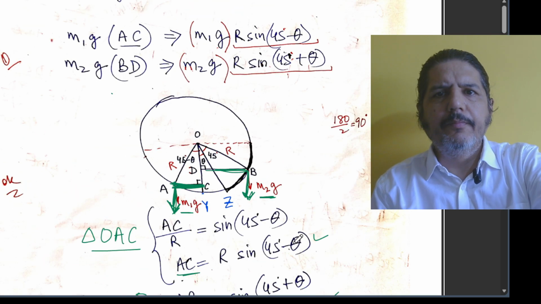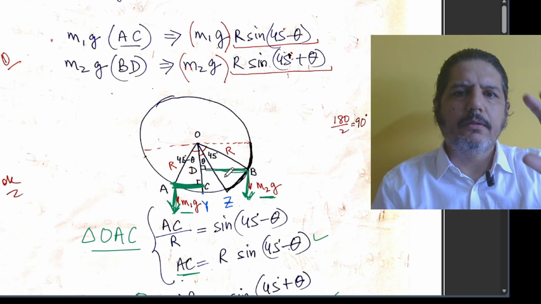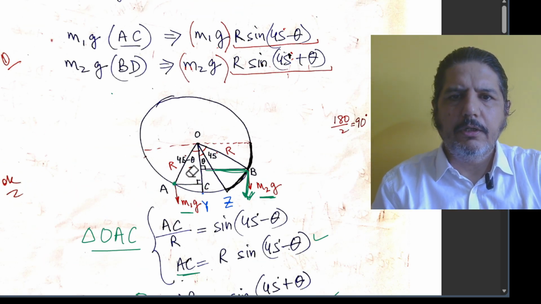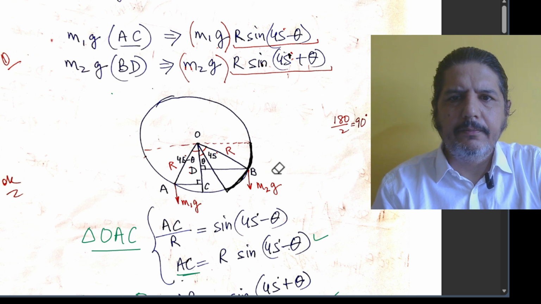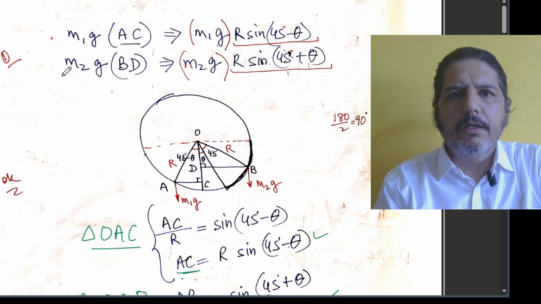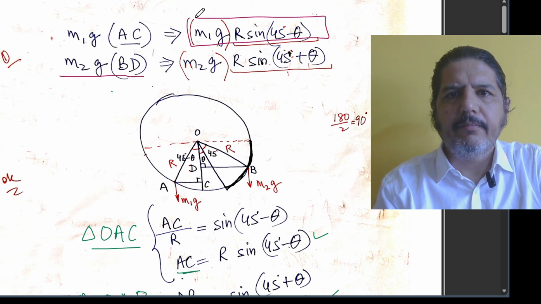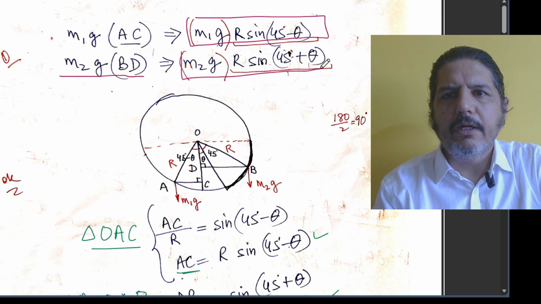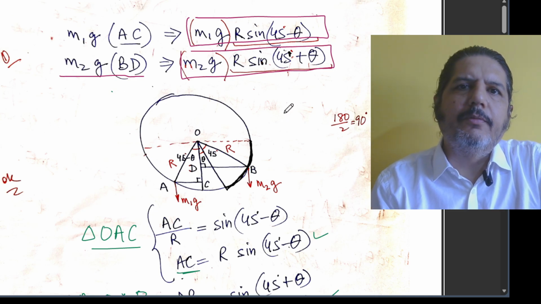Now, in the equilibrium position, both of these would be balancing each other, and that is what I have written here: at the equilibrium position, m1g r sine (45 minus theta) will be equal to m2g r sine (45 plus theta).